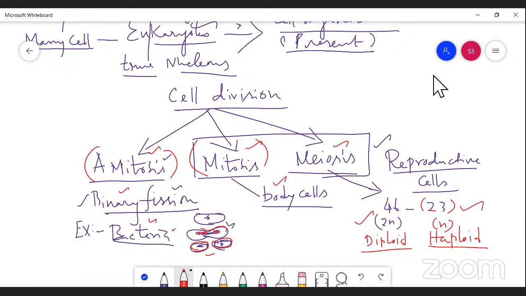Meiosis takes place only in reproductive cells, during gamete formation. The 46 chromosomes are reduced to half: 46 is 2n, the diploid condition, and 23 is n, the haploid condition.